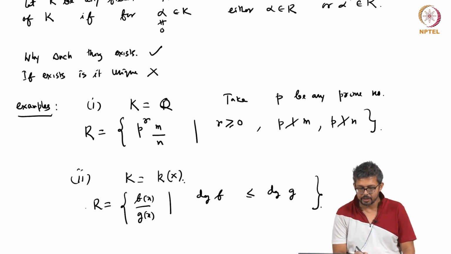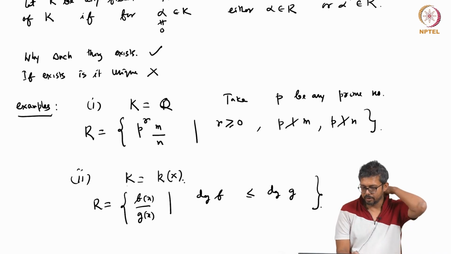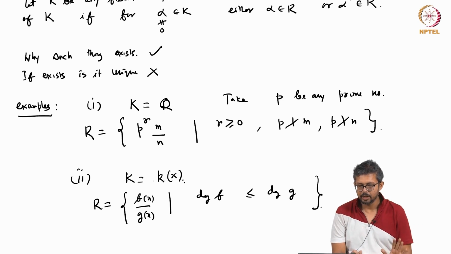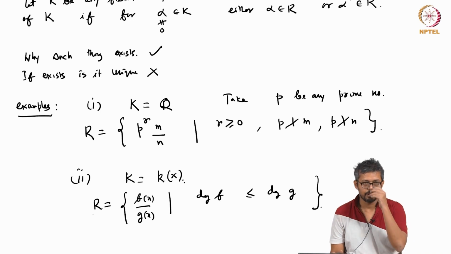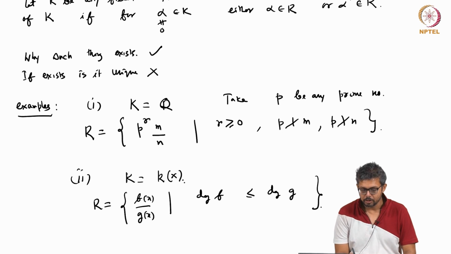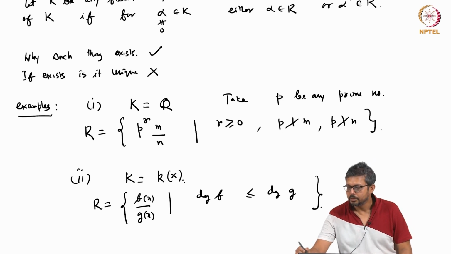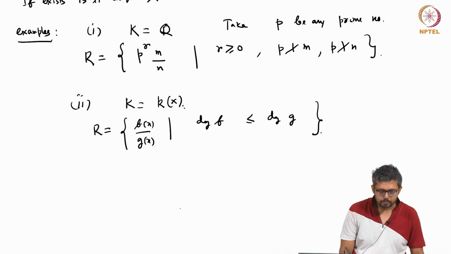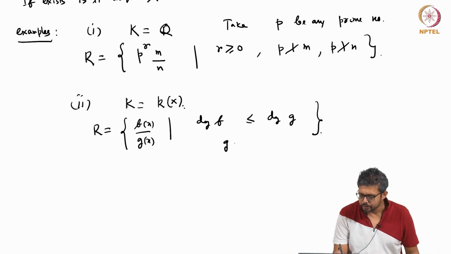You can check that this has this property. If I take any element, it is of the form f by g. Now there are two possibilities: either the degree of f is greater than or equal to that of g, or less than or equal. If the degree of f is less than or equal to that of g, then it is in R. If it is greater, then you just invert the element, since it is a non-zero element, f(x) will be non-zero.